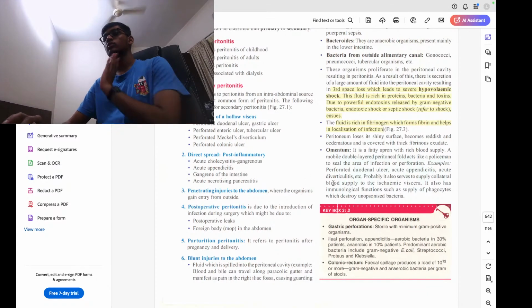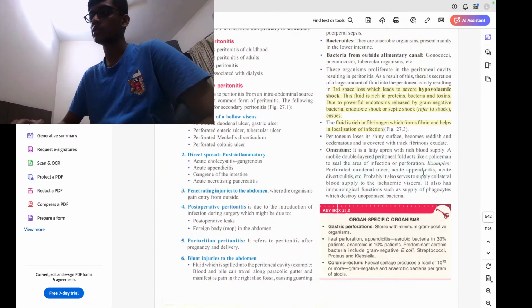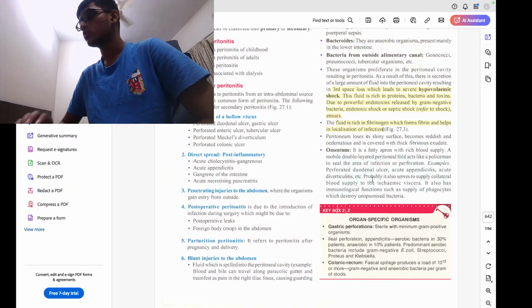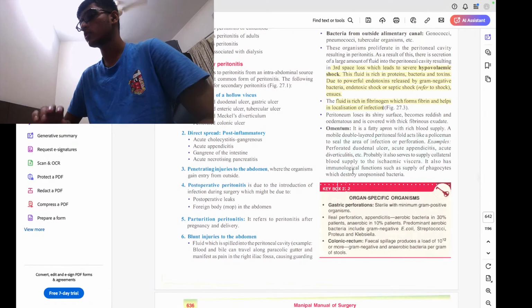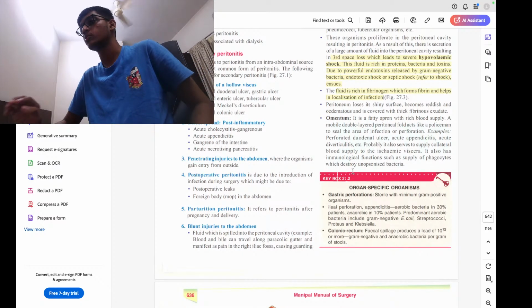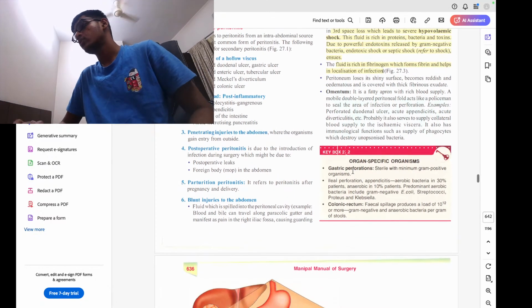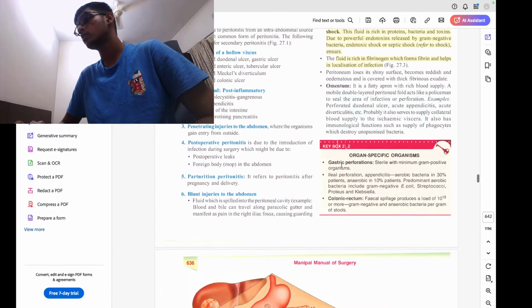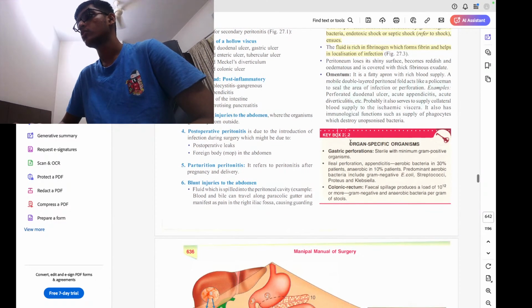Examples are perforated duodenal ulcer, acute appendicitis, acute diverticulitis, etc. It also supplies collateral blood supply to ischemic viscera. It also has immunological functions, such as supplying phagocytosis to destroy unopsonized bacteria. Now organ-specific organisms: gastric perforation is sterile with minimal gram-positive organisms.